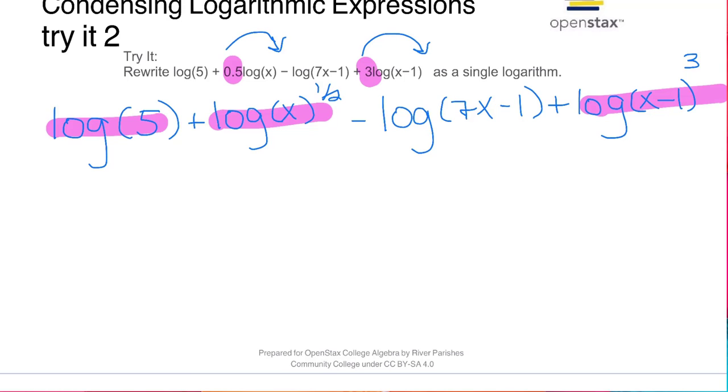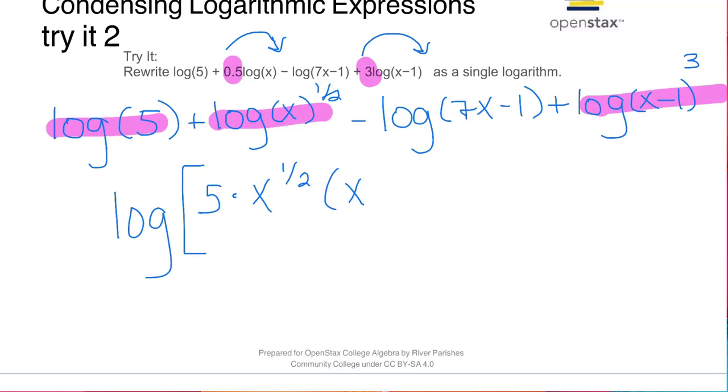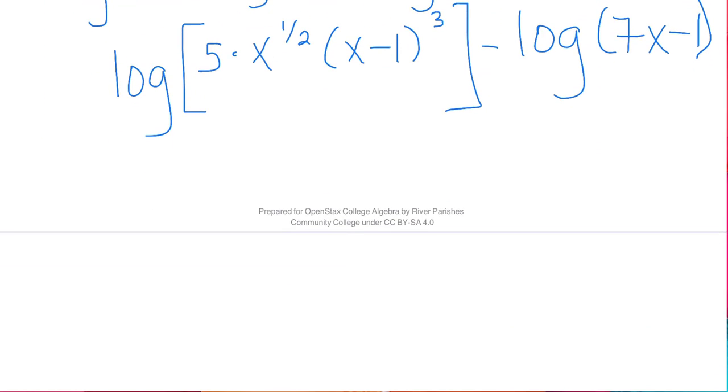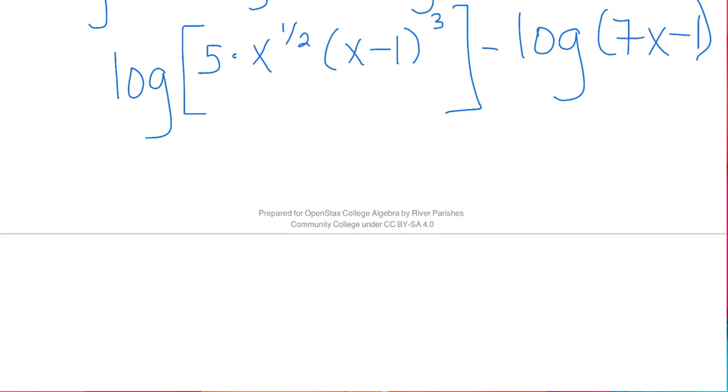So I can rewrite that as one logarithm, log of 5 times x to the 1/2 times x minus 1 to the 3rd. Now, we still have this, so I'm going to write that minus log of 7x minus 1. Next, I'm going to redo this thing here.